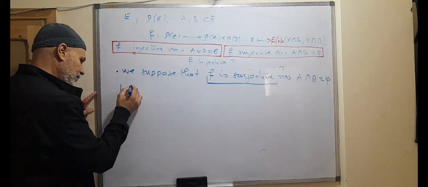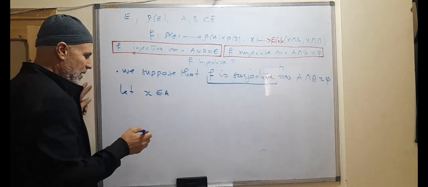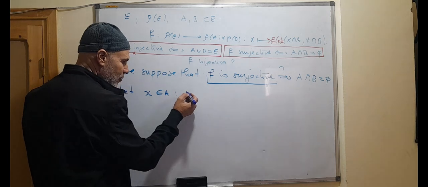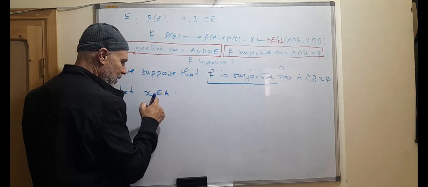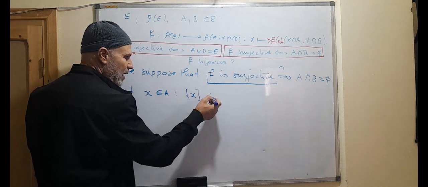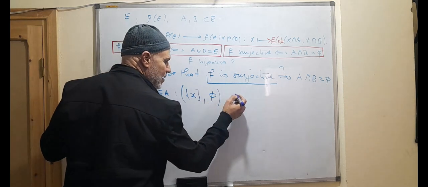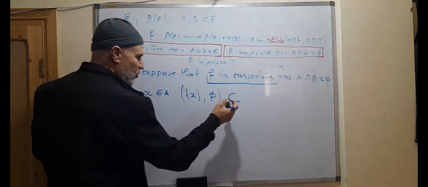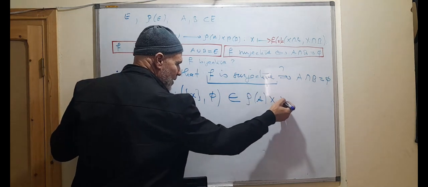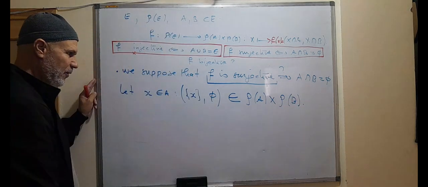Let x be an element from A. And let us consider x and empty. These elements belong to P of A times P of B. They are elements from this.